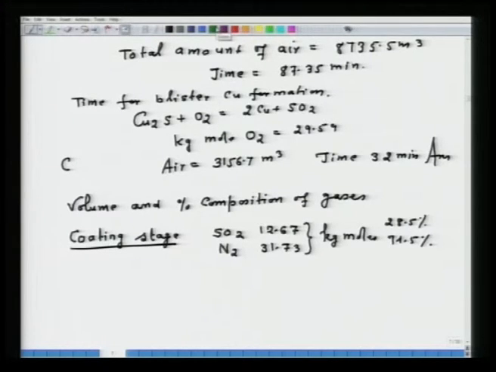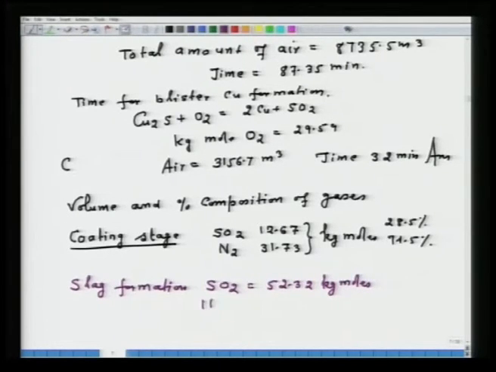Now, the gas composition in the slag formation stage: SO2 will be equal to 52.34 kg moles and nitrogen would be 307.93 kg moles.